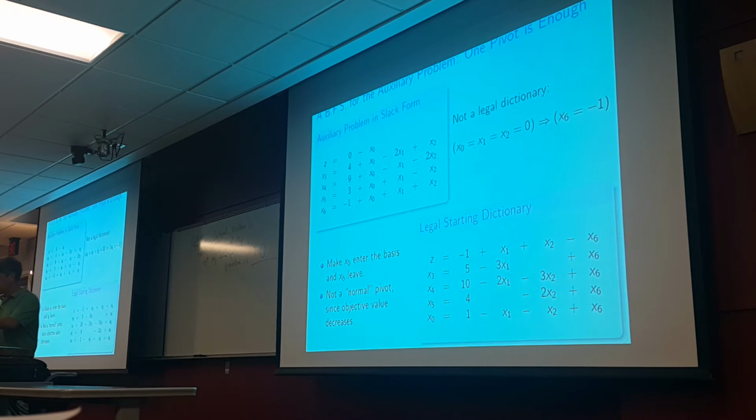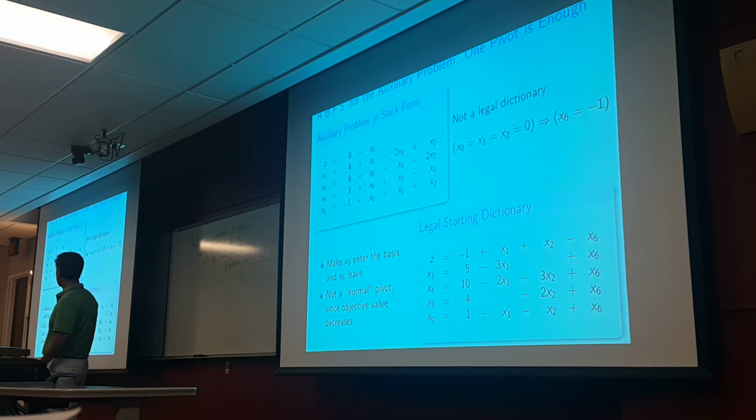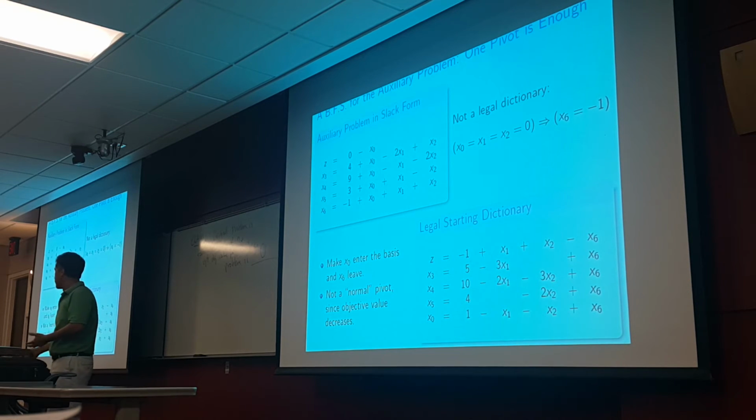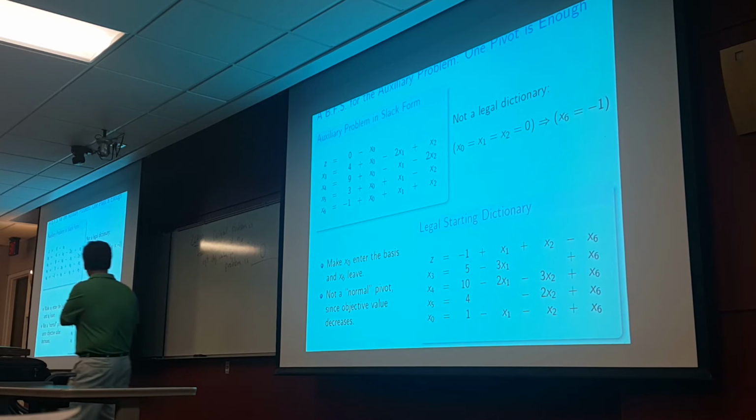And the reason it's not legal is because it has to correspond to a feasible solution, assuming the variables on the right-hand side are 0. If I set all these to 0, x6 is going to be negative. So this is not okay. This is not a legal dictionary for the auxiliary problem.